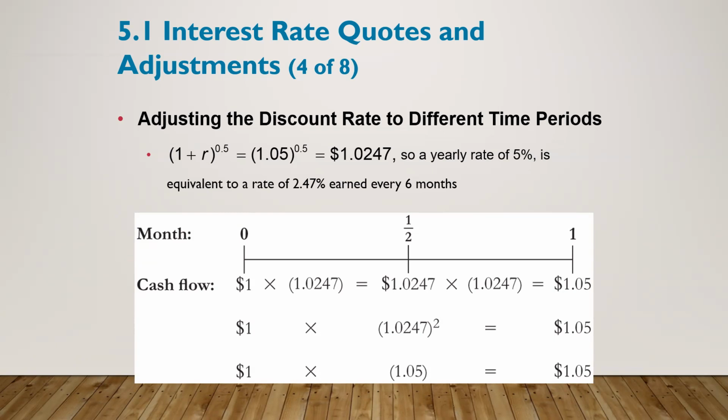So here you see the formula, (1 plus R) to the 0.5 power equal (1.05) to the 0.5 power equal $1.0247. So a yearly rate of 5% is equivalent to a rate of 2.47% earned every 6 months.